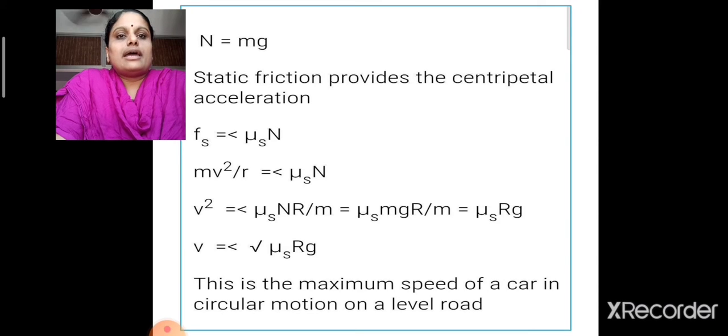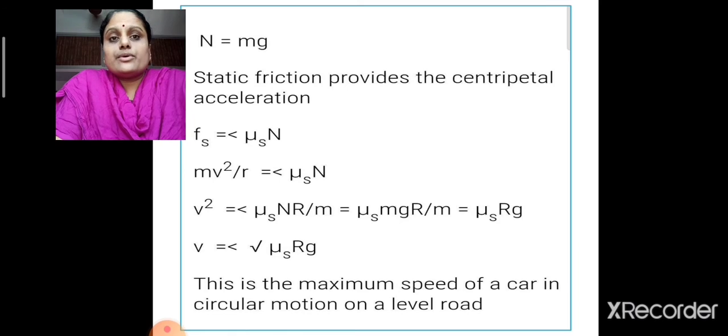So, Fs can be less than or equivalent to μs N. Here, the frictional force helps us in providing the centripetal force. And centripetal force is given by the equation mv square by r. So, mv square by r must be less than or equivalent to μs N.